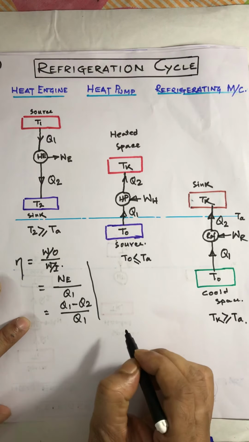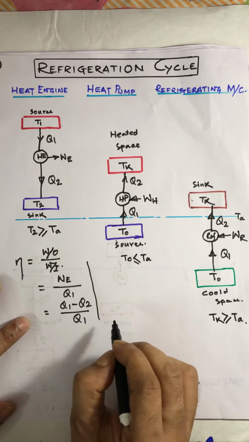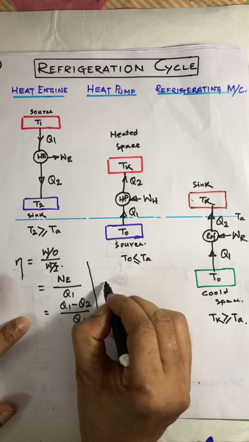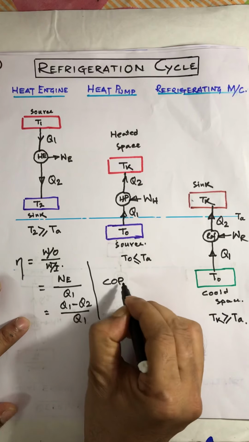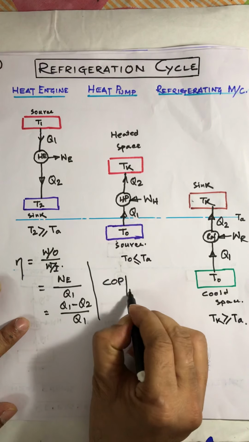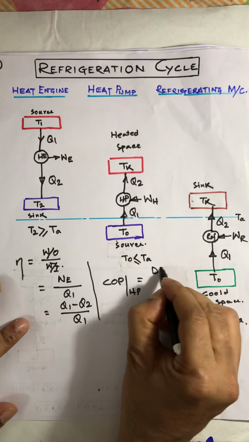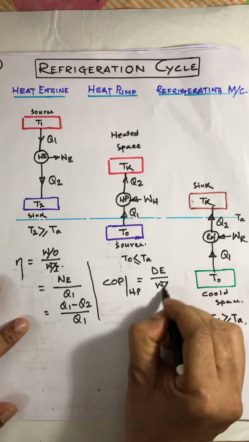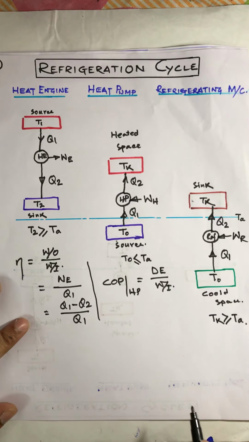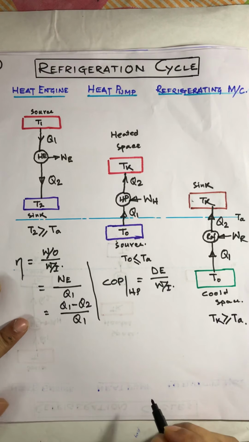For the heat pump, we have to find the performance by means of COP, coefficient of performance. So, the coefficient of performance of the heat pump is equal to desired effect divided by work input. Now, what is the desired effect?